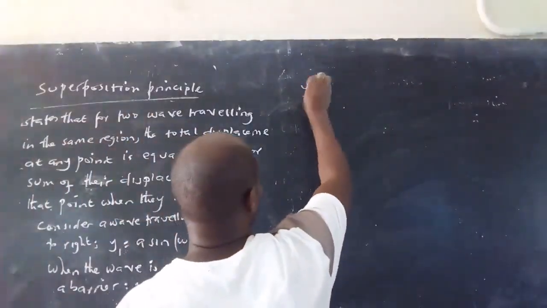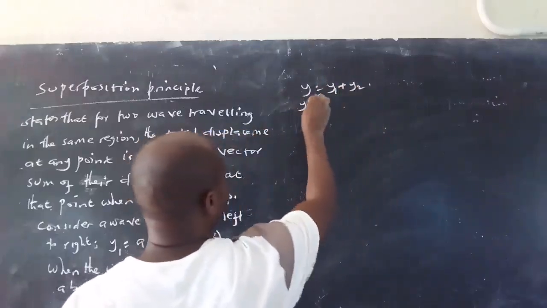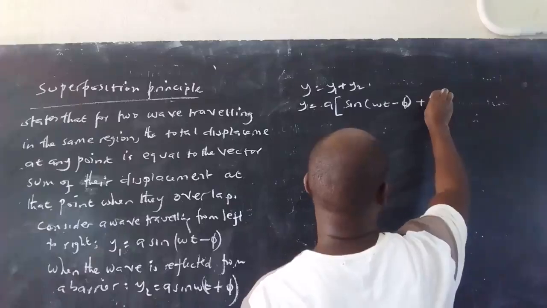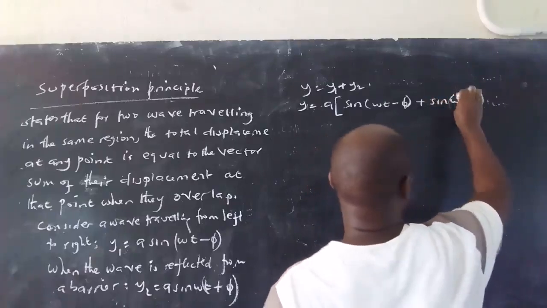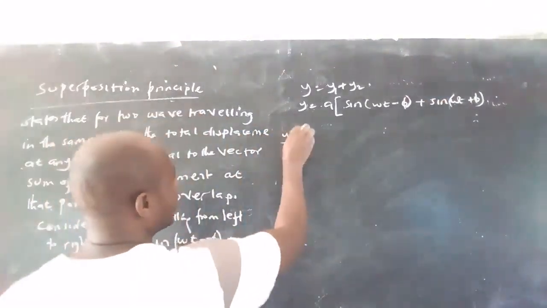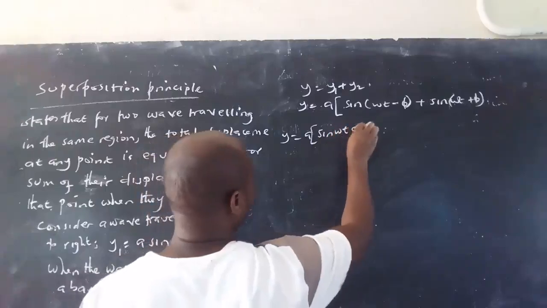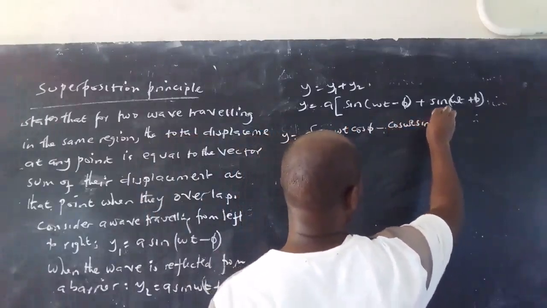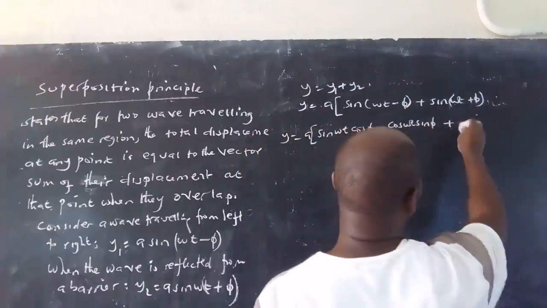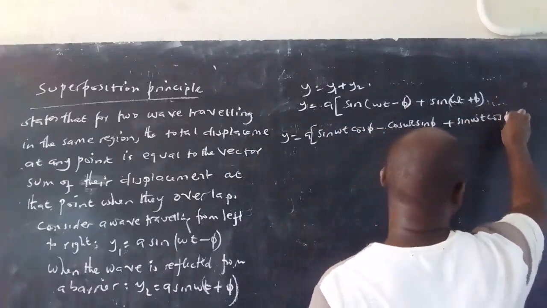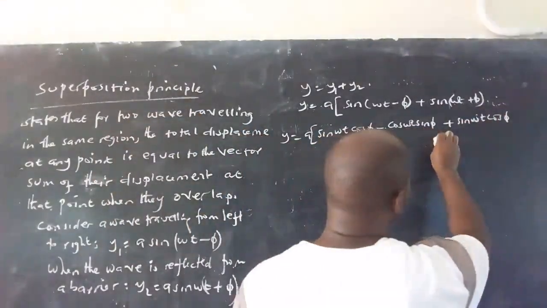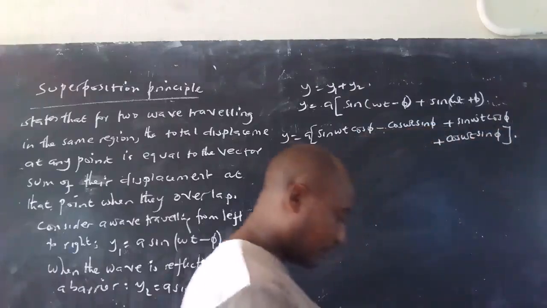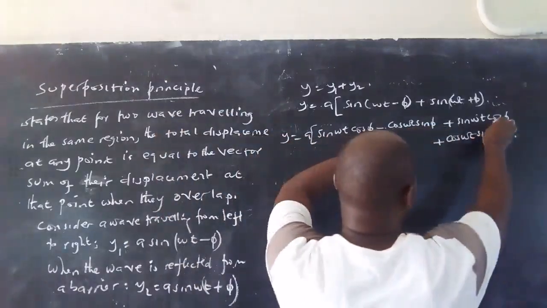So y becomes y1 plus y2, so y is A times [sin(omega t minus phi) plus sin(omega t plus phi)]. Opening the brackets, y becomes A times [sin omega t cos phi minus cos omega t sin phi, plus sin omega t cos phi plus cos omega t sin phi]. The cos omega t sin phi terms cancel.